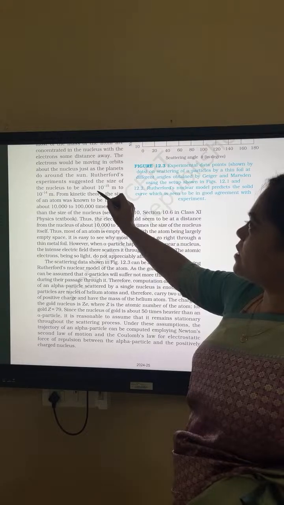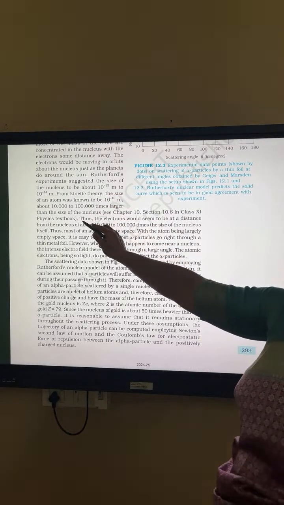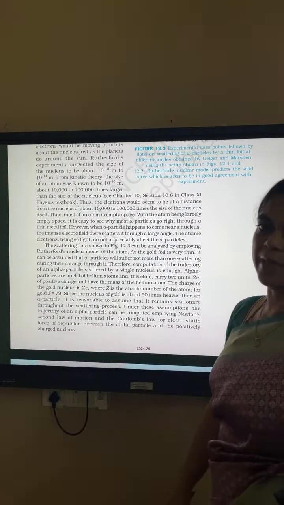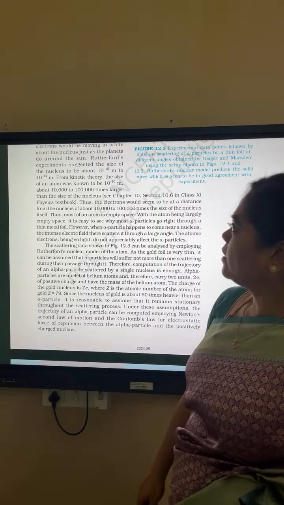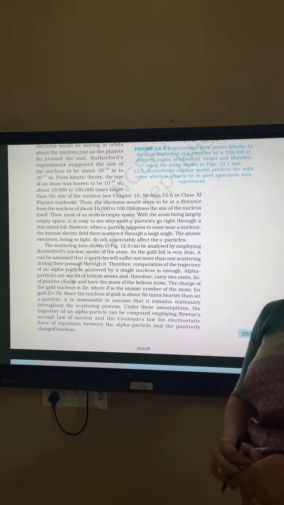Size of the nucleus is about 10 power minus 15 meter to 10 power minus 14 meter. Atom size will be 10 power minus 10 meter, right? Then how much is the atomic size bigger? Why does it say from kinetic theory? Because each and every electron revolves around the nucleus in various orbits, right?